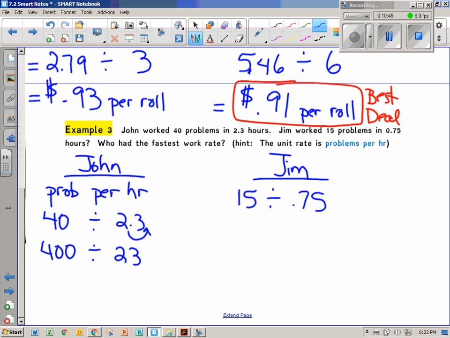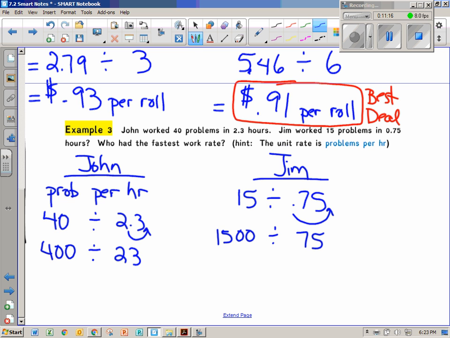So over here on this one, if you move that over twice, which you need to do, sorry, it's not 15 divided by that. We moved it two places, so it's 1500. Then you can divide. You just do that on scratch paper, but the first time you divide, you might not know exactly how many places to go.